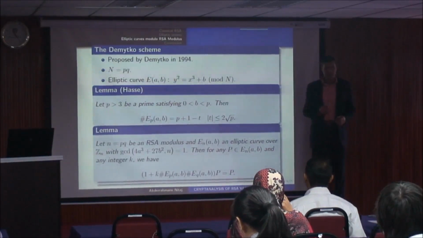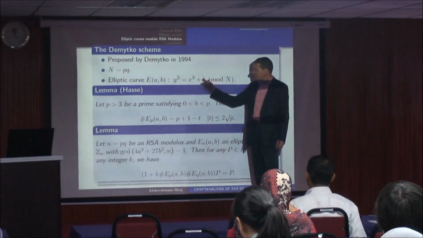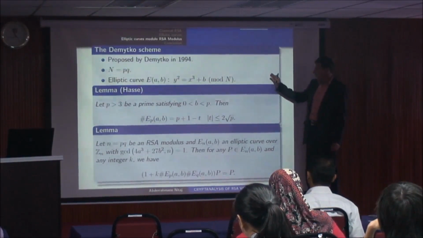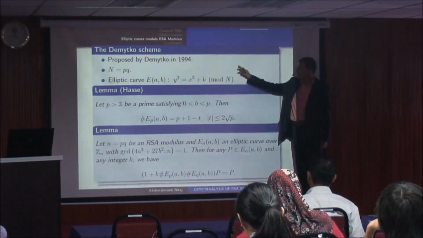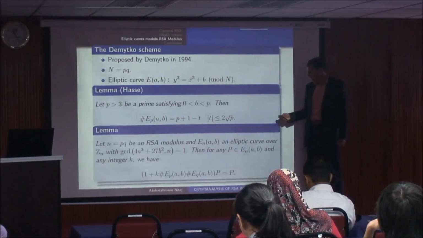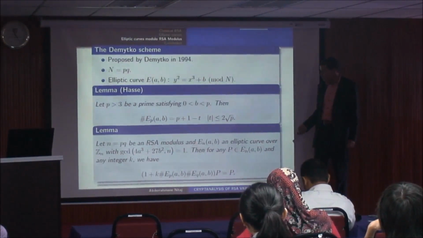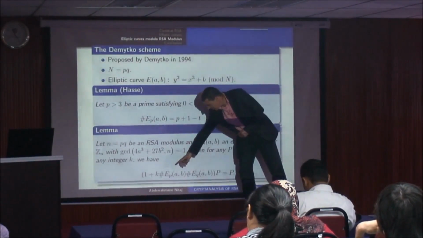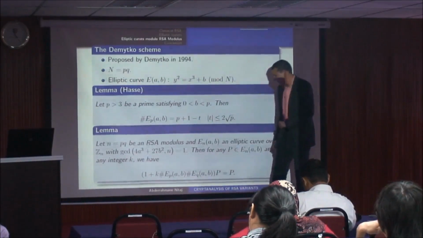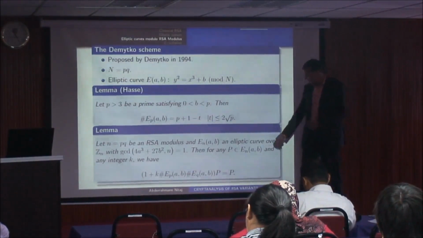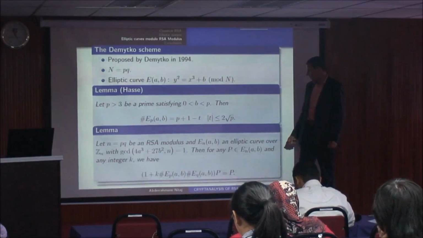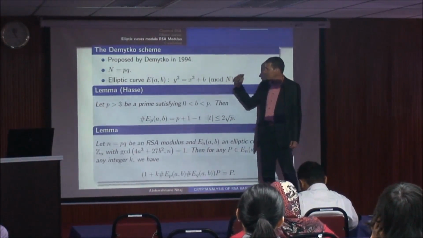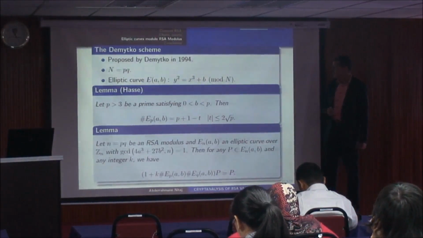So this is a very well-known lemma on the number of solutions of this equation, and we can use this lemma to count the number of solutions of this equation mod n, where n is defined as P times Q. Using the Chinese remainder theorem, we can find that when we multiply any point in this curve by a multiple of the number of points modulo P and the number of points modulo Q, the result will be the point at infinity.